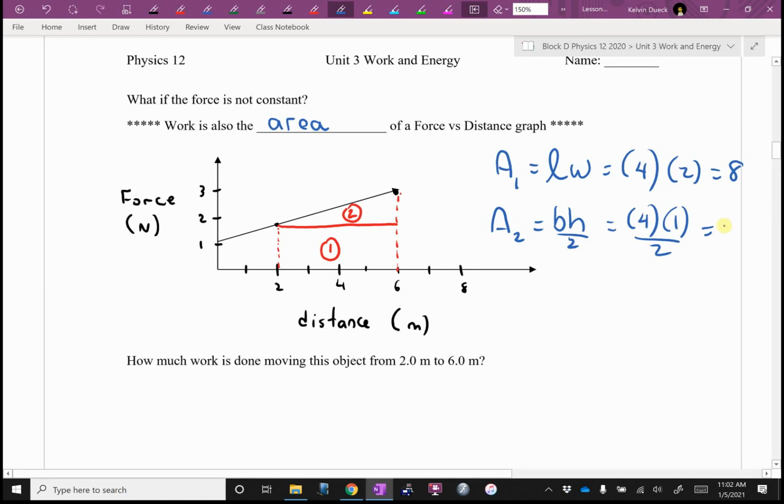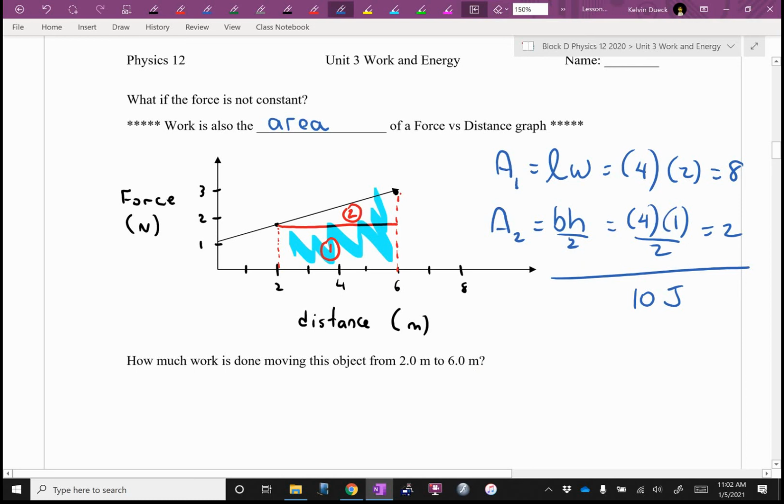Thank you. So, what's the total area underneath this force versus distance graph between 2 and 6? We're finding that area. What is the total area? Say it again. 10 what? Joules, and that's how much work was done moving this object from 2 meters to 6 meters.